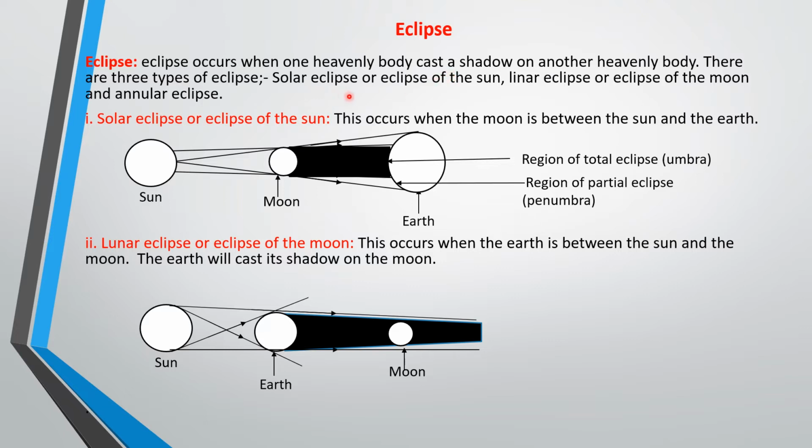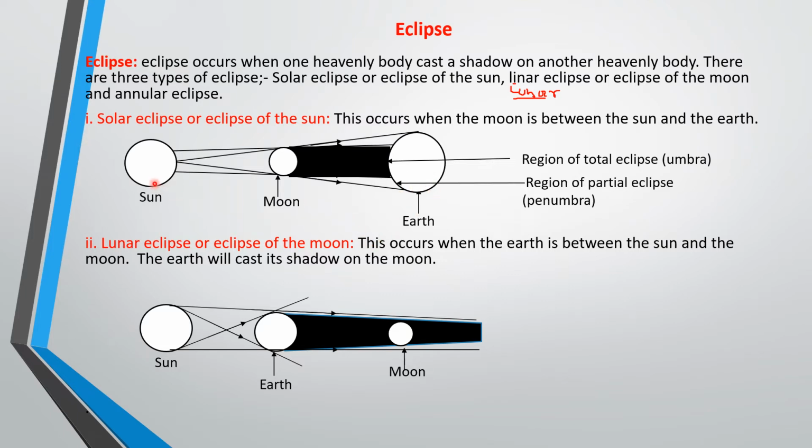We have solar eclipse or eclipse of the sun, we have lunar eclipse or eclipse of the moon, and then annular eclipse. So as I said before, you must learn how to draw this diagram, and also know how to do the small labeling.